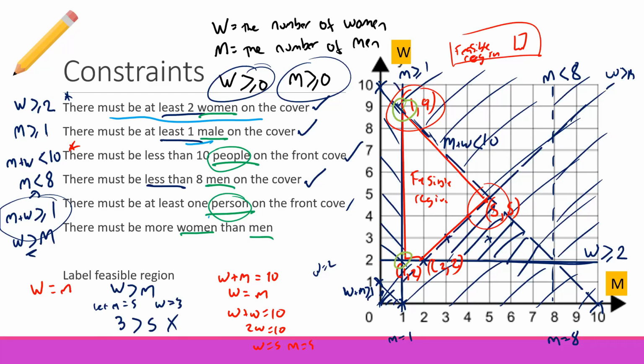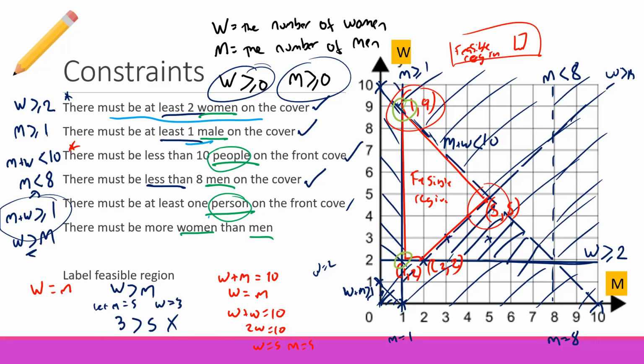You said before that M plus W must be greater than or equal to 1. What was that about again? So that was this one here, that there must be at least one person on the front cover, which makes sense when you look at it. But then when you look at all the other rules, that's not necessary. That rule doesn't matter. Why does that rule not matter? Because we know there must be at least one male on the front cover.